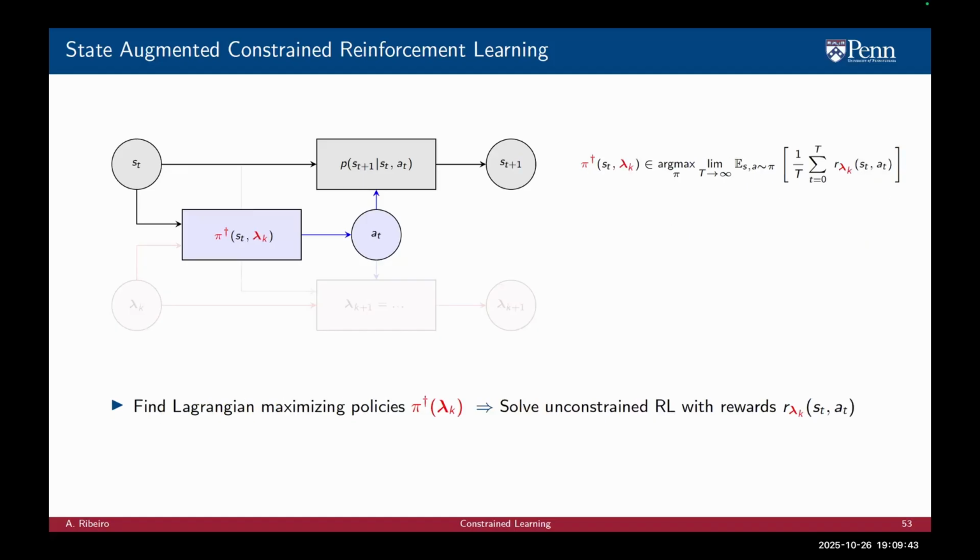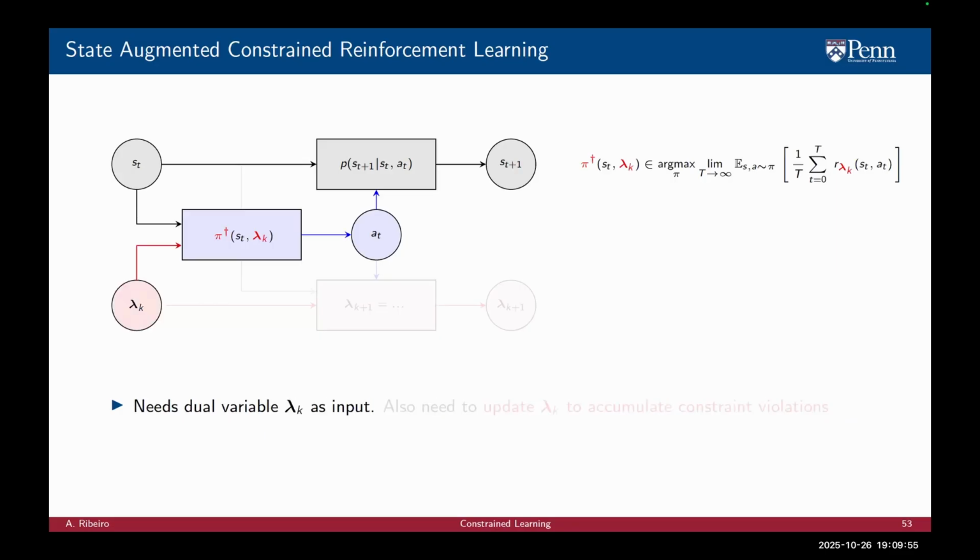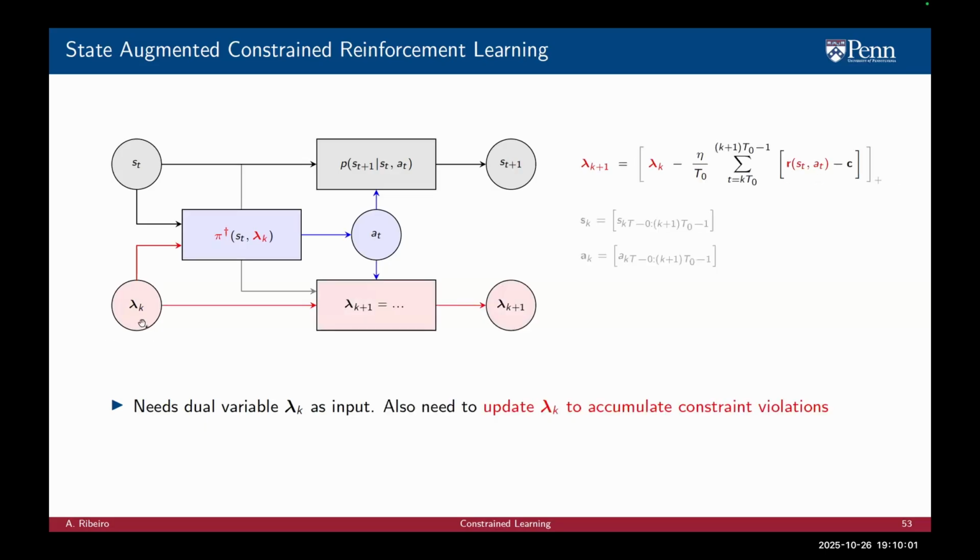The proposal here is the following. Instead of learning to solve this optimization problem, I will learn to maximize this Lagrangian. Then, at execution time, I can augment the state with the Lagrange multiplier, and I can update the Lagrange multipliers myself. Why do I need to do that?